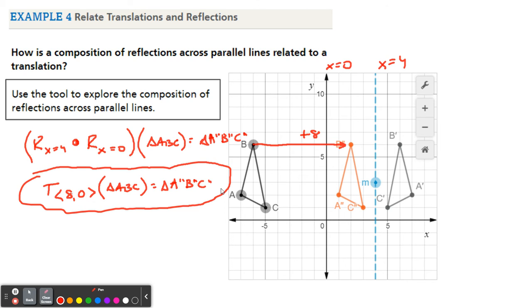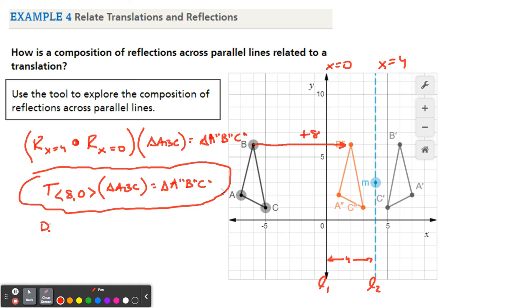So then the question is, how does that 8 compare to these parallel lines? Well, look here. Line 1, x equals 0. Line 2, x equals 4. The distance between those lines is a distance of 4.